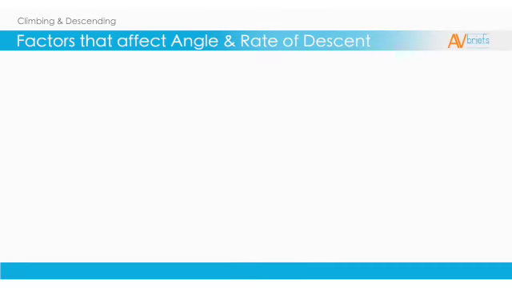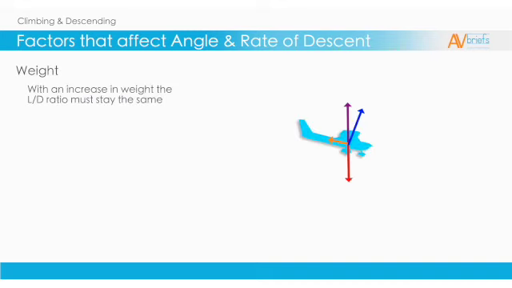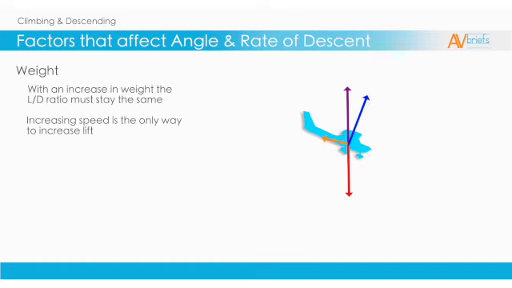We'll look at factors which affect angle and rate of descent. These are very similar to the factors that affect the climb. Weight. With an increase in weight, the lift-to-drag ratio must stay the same. Increasing speed is the only way to increase lift. The added lift compensates for the increased weight.